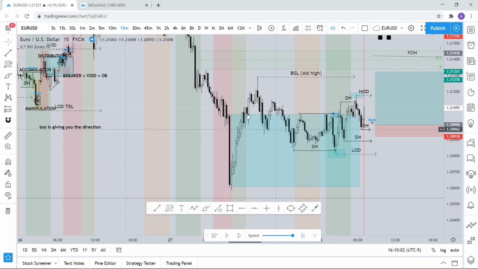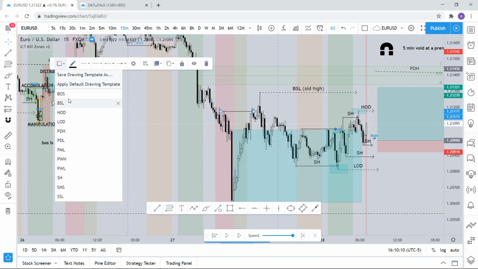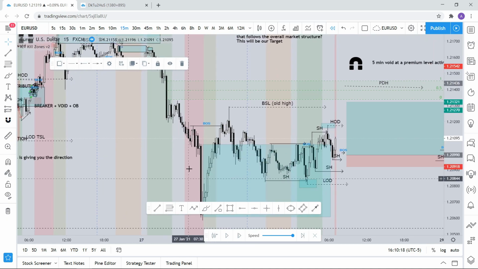After this test, you can see price moved higher and broke the market structure by breaking the last lower high on a lower time frame. So we can say that on the daily chart we have a potential reversal to the upside, and on the lower time frame we have a bullish break of market structure. So now on the lower time frame price is bullish.